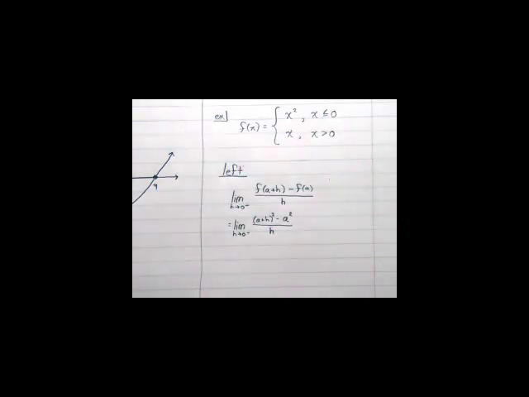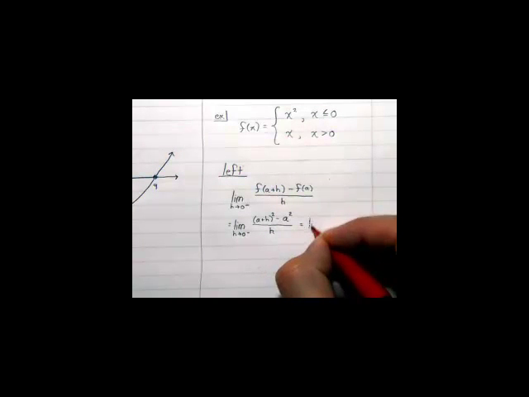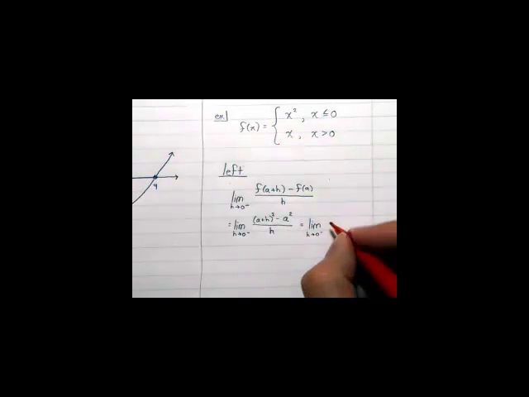But what is a in this instance? 0. So we've got the limit as h approaches 0 from the left of h squared minus 0 over h.